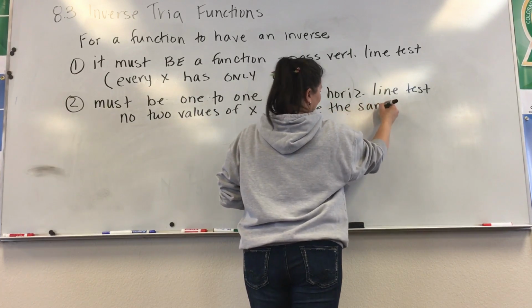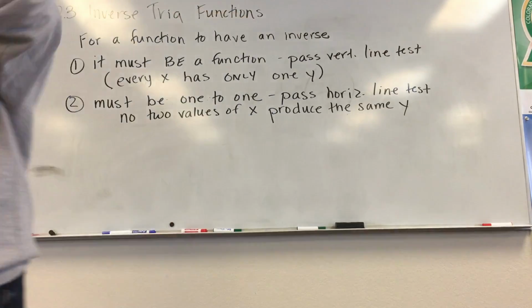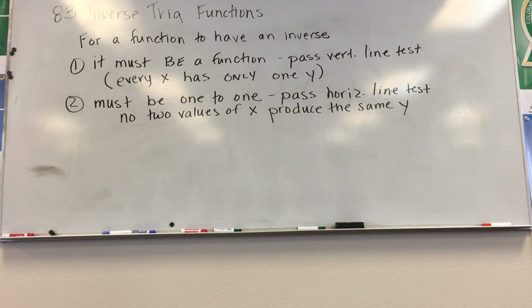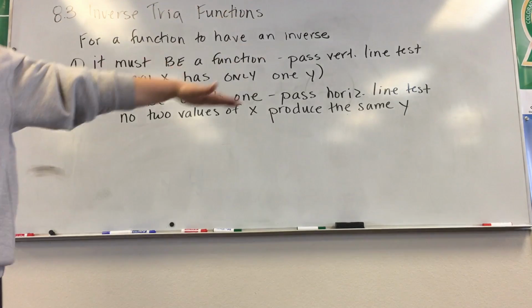So a vertical or horizontal line can't pass through the function twice in order for it to be 1-to-1.